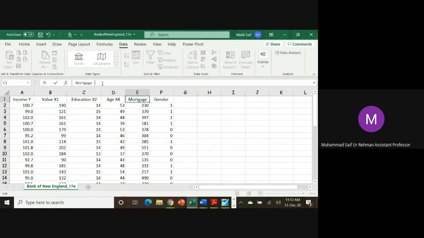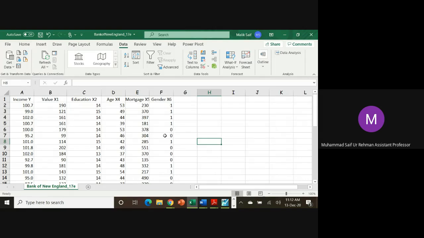So by mortgage, you can see whether there is some mortgage regarding the houses that you are going to survey, or some houses are pledged or not. Then there is gender, and you may take gender as x6. So x6 means this is the gender, male and female. If you interviewed a male person, you will give the value 1. And if you interviewed females, then you will give it value 0.